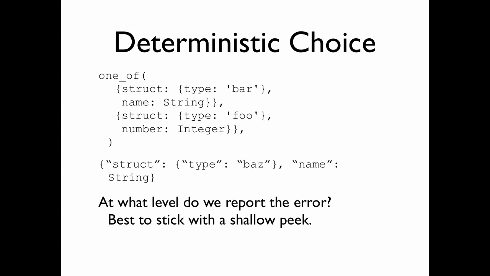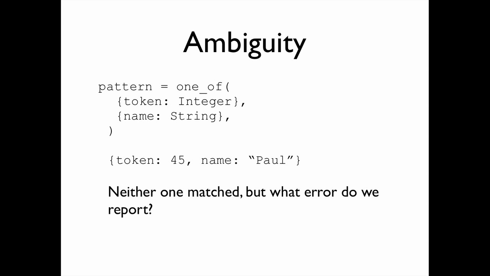It turns out that as long as the error messages for the alternate cases are at the exact same path, then you can generate a simple error message. So in this case, we provided both keys, token and name. It expected one or the other.